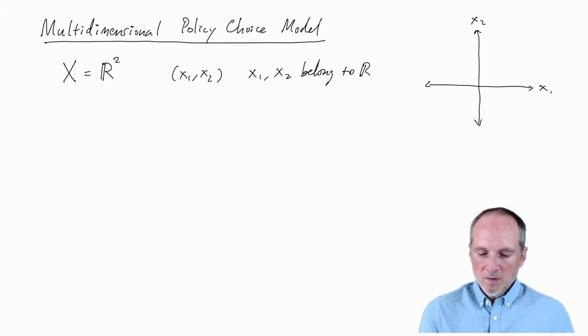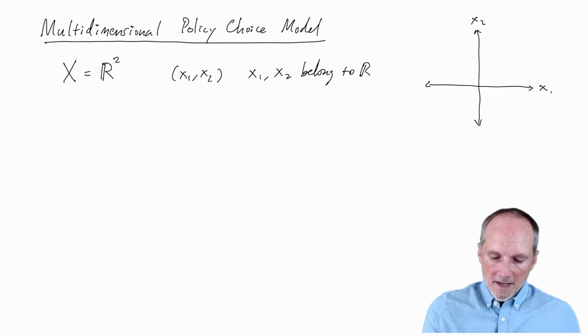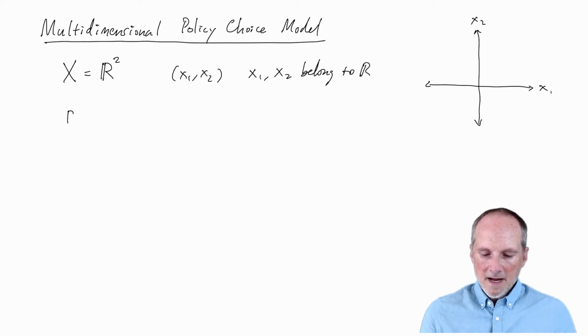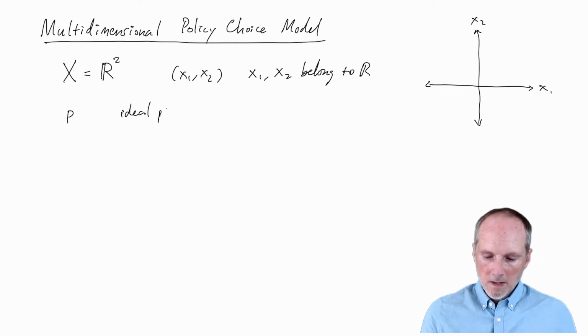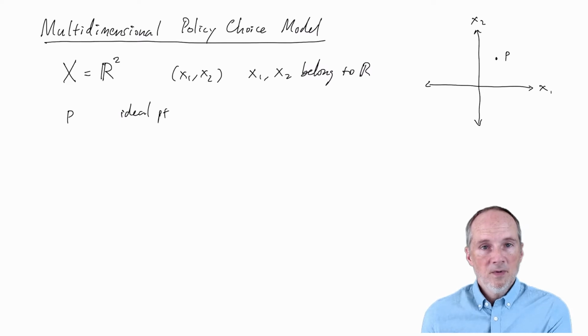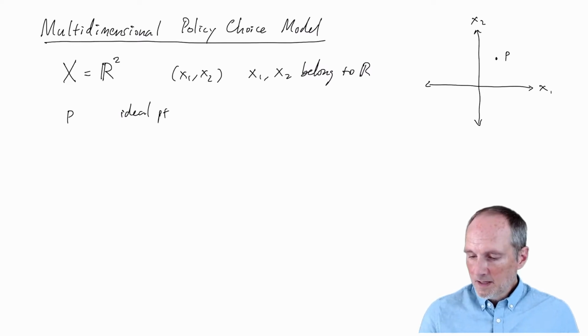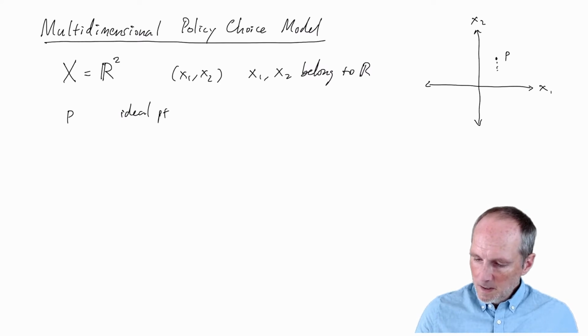And so what I'm going to do is assume that the politician has an ideal point P, and now P will belong to R2, it'll be a pair of numbers. Geometrically, we can think of it as lying in the Cartesian plane. We said there's two coordinates of P. The first coordinate is P1, the second coordinate is P2.